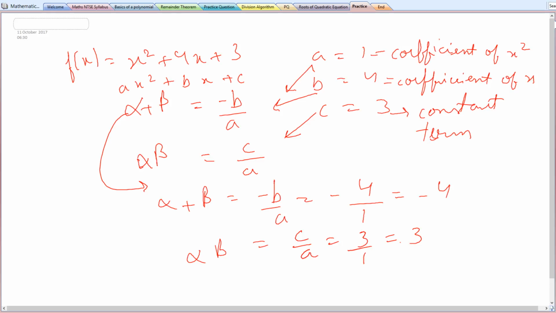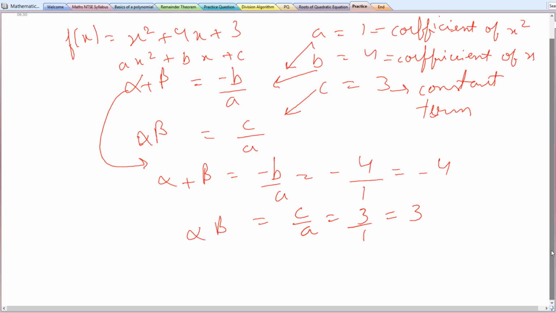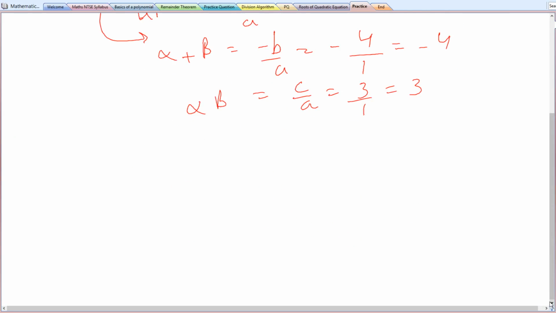Right? Is this clear? So if it is clear to you guys, let's try and find out the value of 1 by alpha plus 1 by beta. I'll give you 30 seconds to do it.